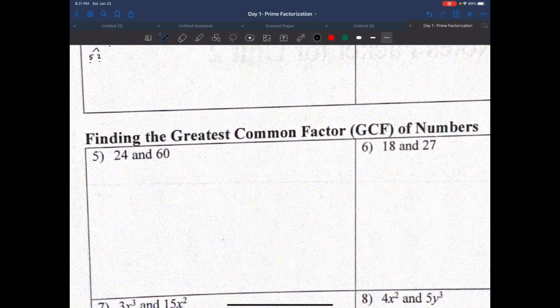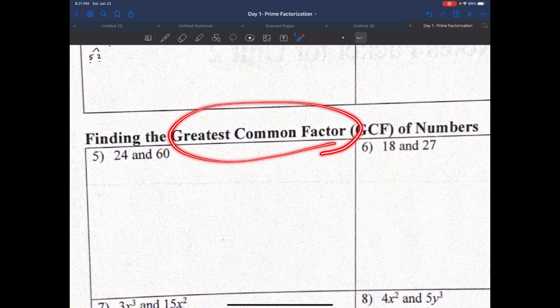Now we're going to go ahead and figure out the greatest common factor of numbers. So if we're taking a look at number 5, we have 24 and 60. Before I delve into 24 and 60, I want to note some key words. We know what a factor is, numbers that go into something, right?